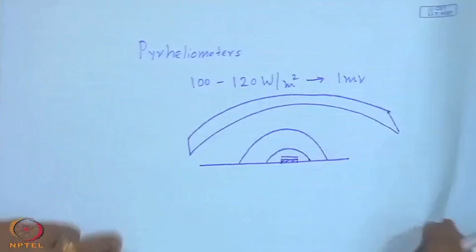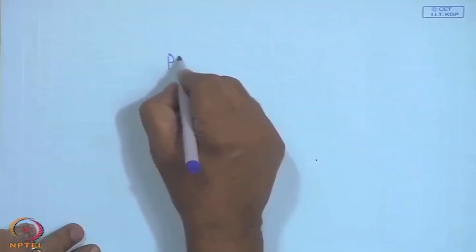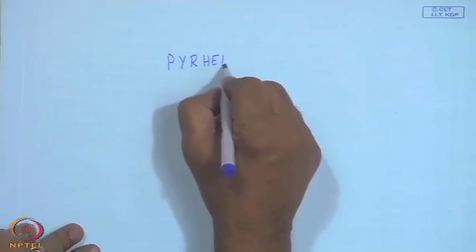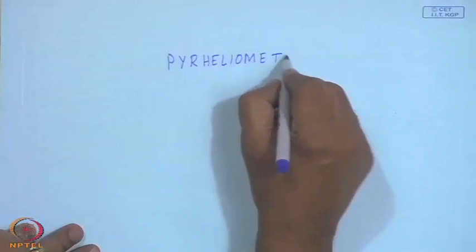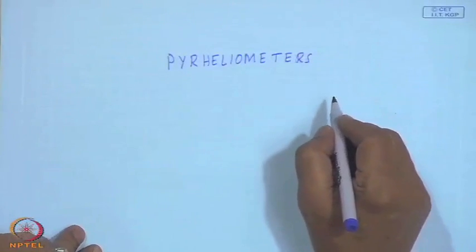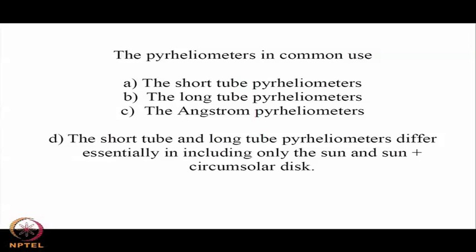On the contrary, pyrheliometers are of basically three types: the short tube pyrheliometer, the long tube pyrheliometer, and the angstrom pyrheliometer.